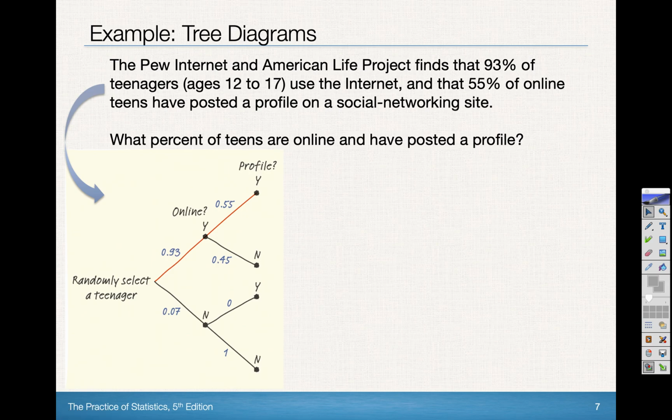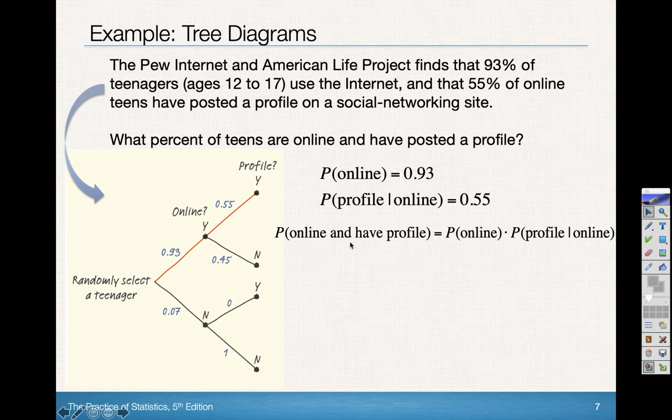So what percent of teens are online and have posted a profile? So I'm looking for teens that are online and have a profile, which would be this tree branch right here. So it'll be 0.93 times 0.55, because it'd be the probability of event A times the probability of event B, given that A already happened.